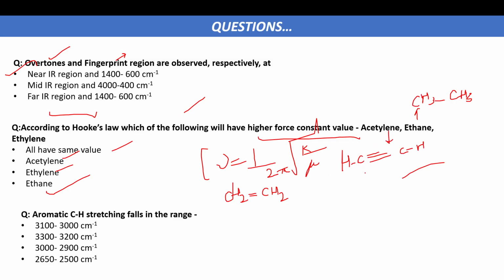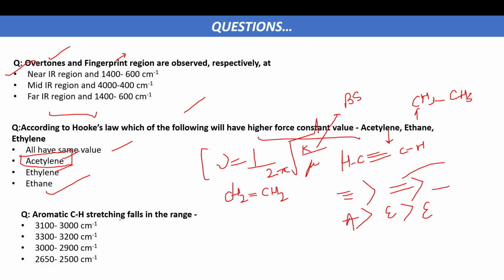So among these triple, single and double, force constant is also known as how strong a bond will be. So it also tells you about the bond strength. So we know bond strength of triple bond is higher, then comes your double bond, and then comes your single bond. That means the force constant will be higher for acetylene, then ethylene, and then your ethane. So out of this, acetylene will have a higher force constant.